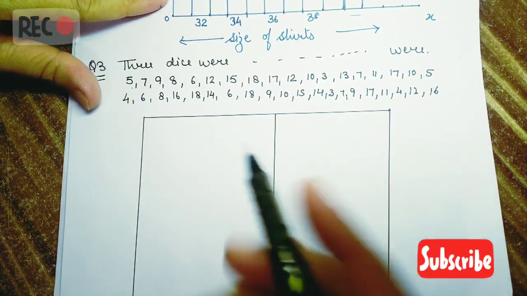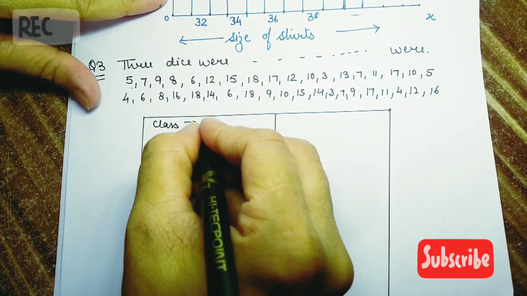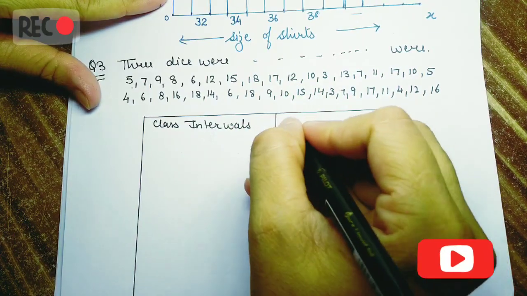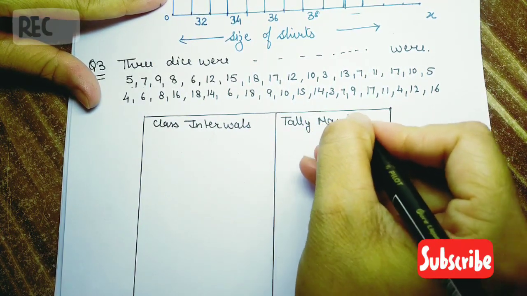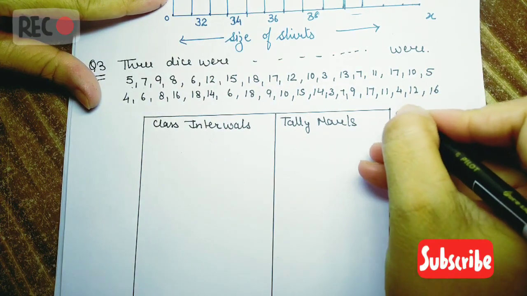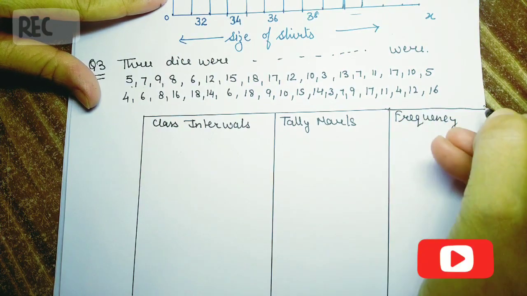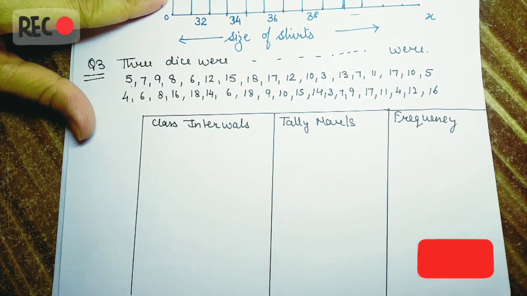So first we write the class interval. Then after we are going to draw the tally marks, and the last one is our frequency. Okay, as they have given, we have to take class intervals of size 3.